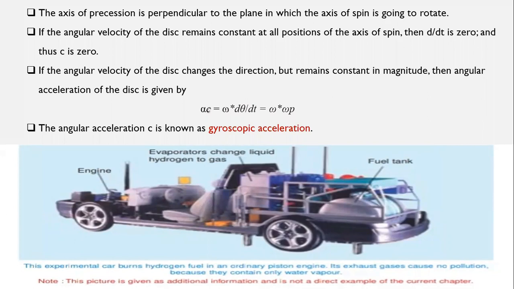So here you can see the fuel tank is on the rear side, that is on the back side, which we are using as hydrogen fuel. So this hydrogen fuel emits the vapor gases only, but here we are taking it on the basis of balancing only. So the evaporators can change the liquid hydrogen to the gases.